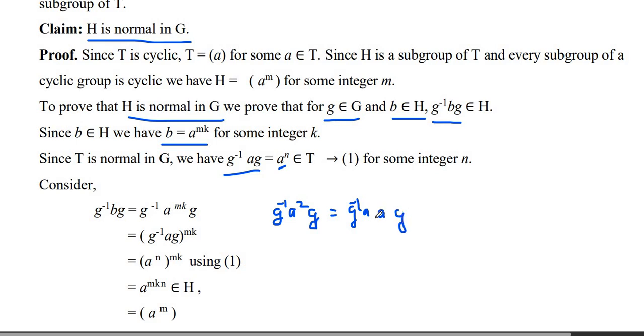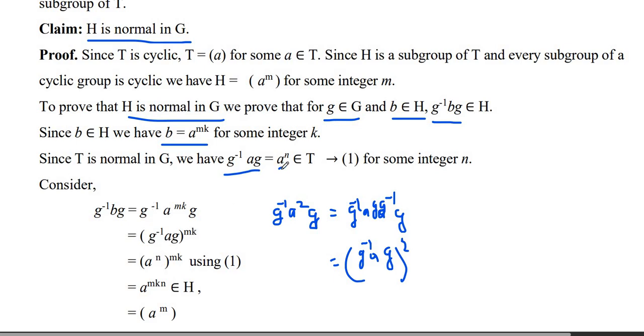G. Now introduce one E in between, replace that by G inverse, so that we will have this being rewritten as G inverse A G the whole square. So in general, if we consider MK, then this must be rewritten in this way.